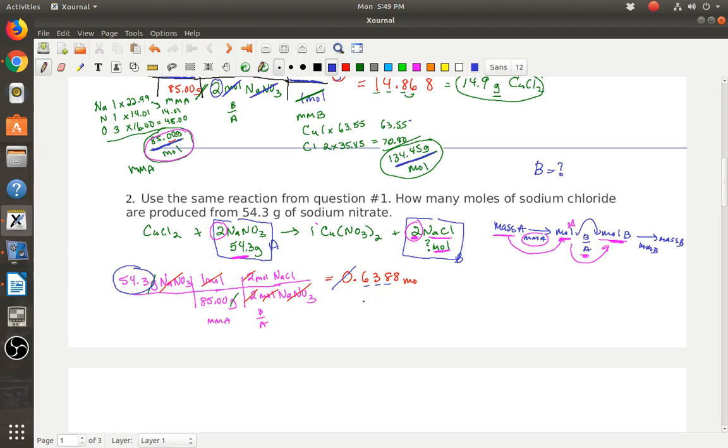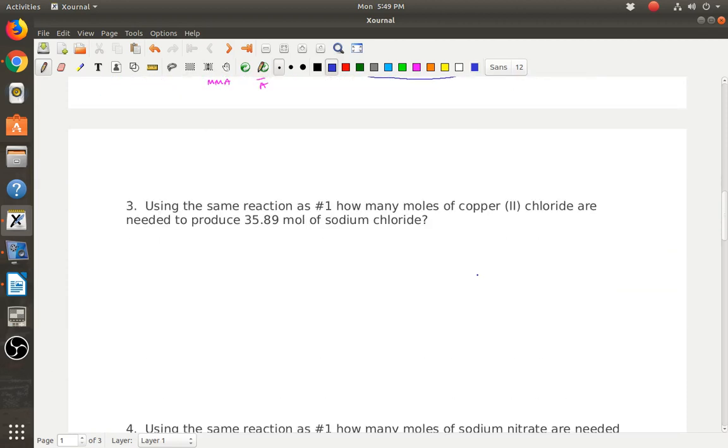So 0.639 moles of sodium chloride. Did I answer the question? How many moles of sodium chloride? Yes, I did. And I have the correct number of sig figs. So follow the path and you'll not make any mistakes. Be careful with your sig figs. Let's move on to the next question.